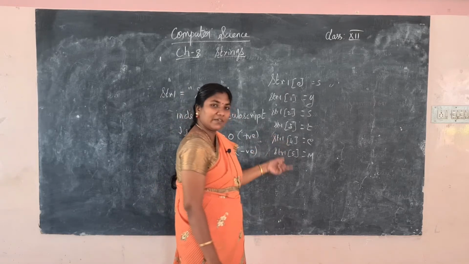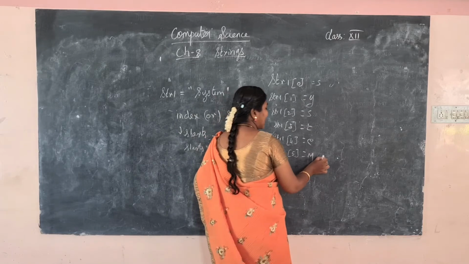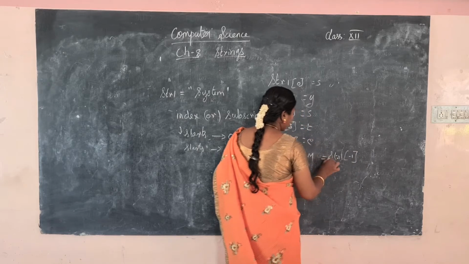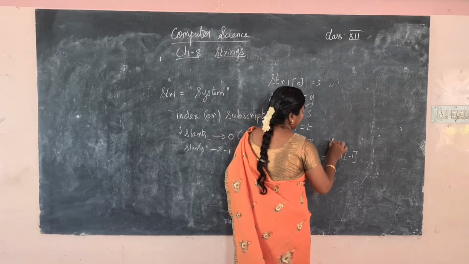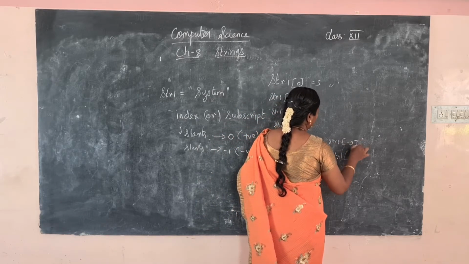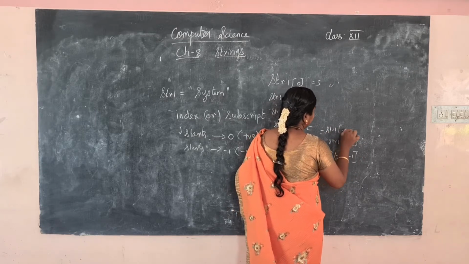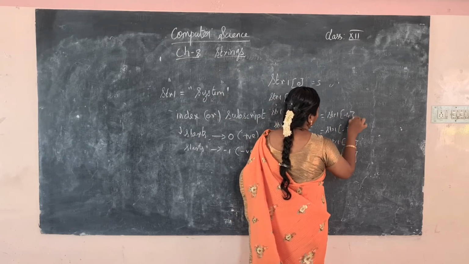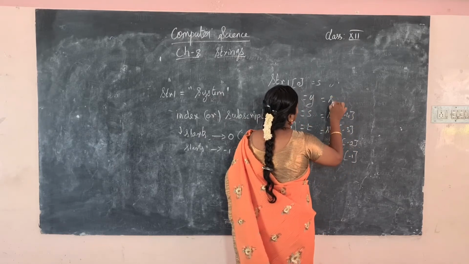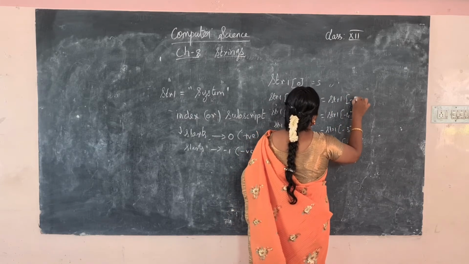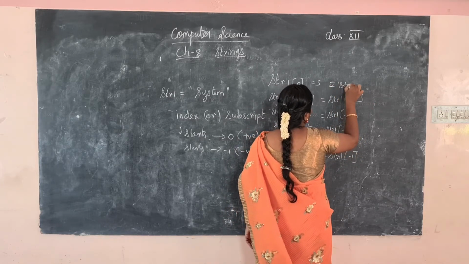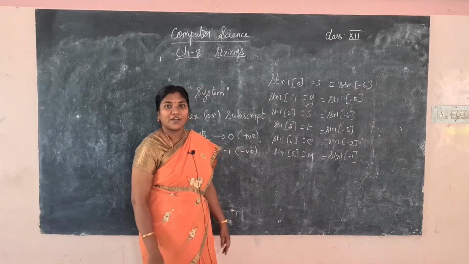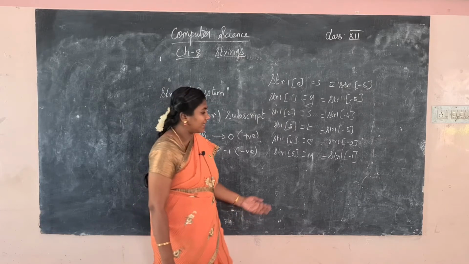The negative index starts with the last character. String 1 of -1 is M, string 1 of -2 is E, string 1 of -3 is T, string 1 of -4 is S, string 1 of -5 is Y, and string 1 of -6 is S. If you are having negative index or subscript, it will be like this.